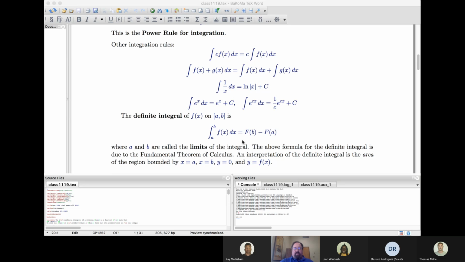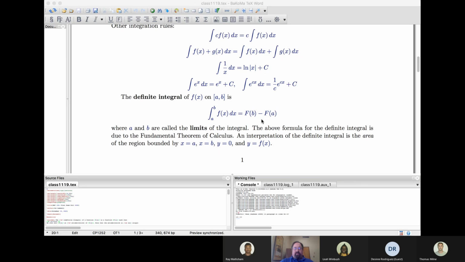And your answer is a number for the definite integral. For problems involving the average value, you'll evaluate this, and then you have to remember to divide by b minus a. So that's something we'll see a little later.